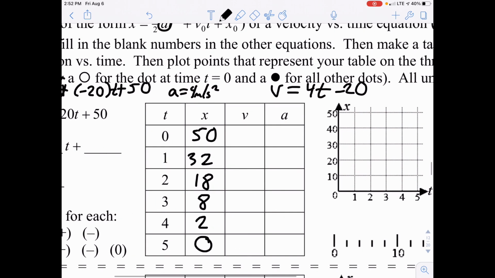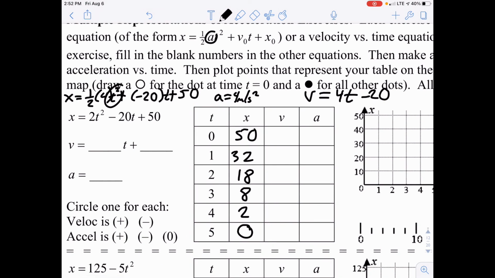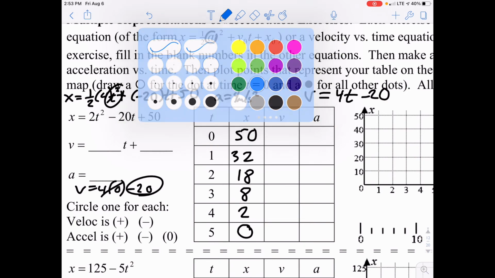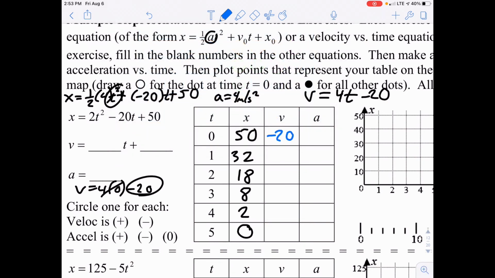Okay, now doing the same thing for velocity, right? At time equals 0, if I plug in 0, so 4 times 0 minus 20, you can see velocity equals negative 20, right? There's our first value. I'll do a different color for velocity. Negative 20, okay?